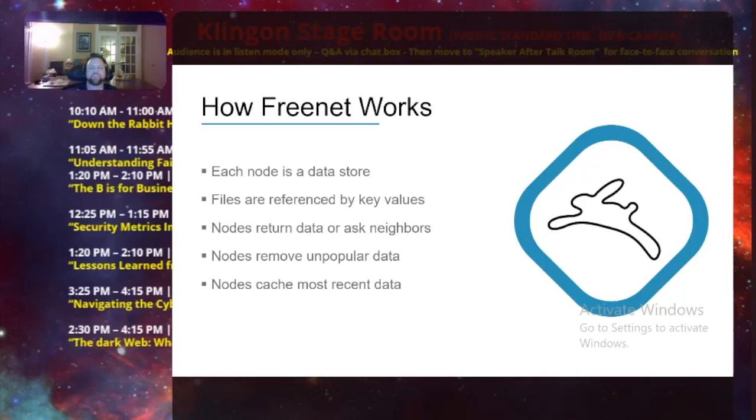So when a node receives a request, it's going to first check its own data store to see if it contains that relevant file. If it does, great, then it returns that file along with a message identifying it as the source of the data. And that is very, very important because that's how you have both anonymity and you lack the ability to attribute who published something.